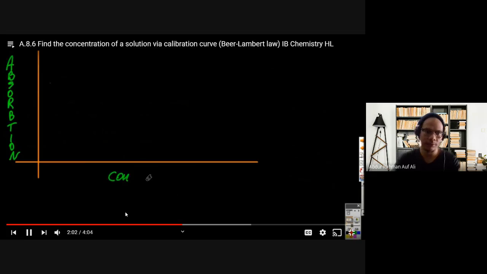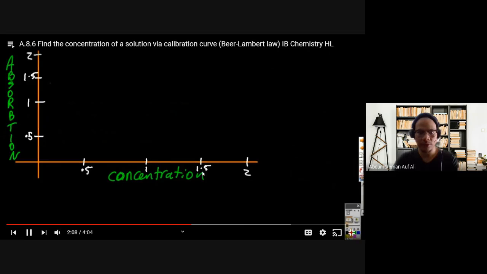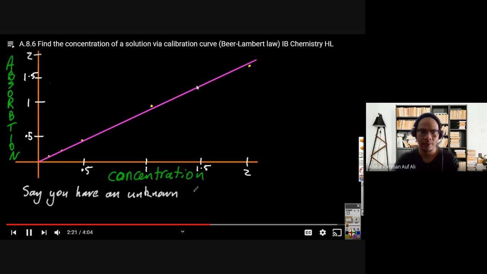Macam ditunjukkan dalam video ni. So kita buat graph absorption, penyerapan versus concentration, kepekatan. So the higher the concentration, the absorption, kadar penyerapan should be higher also. So that's why the graph should be a straight line, a linear graph. So this is the Beers-Lambert's law.